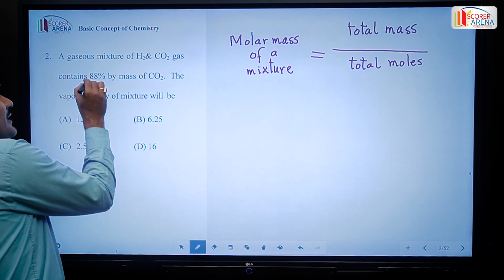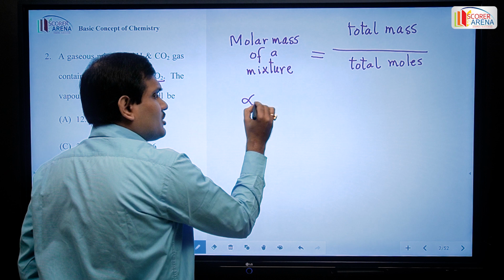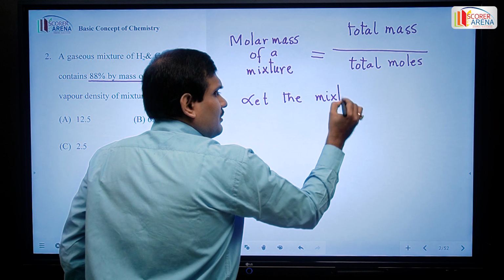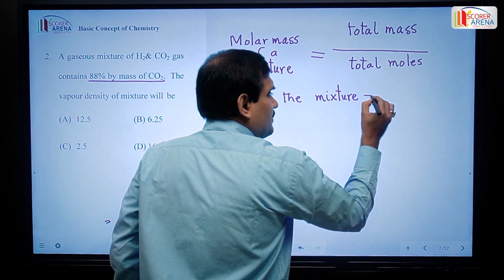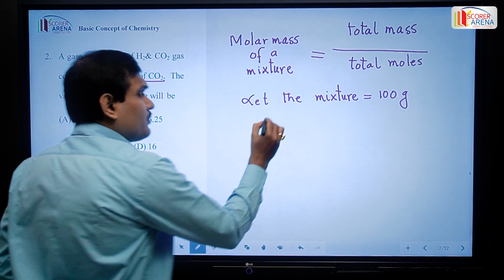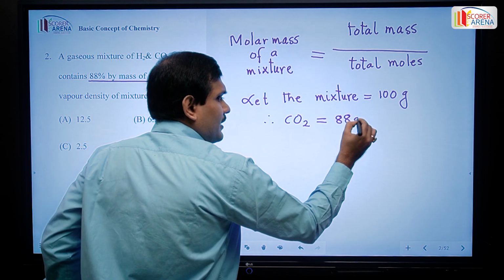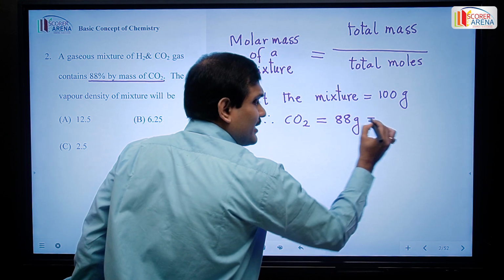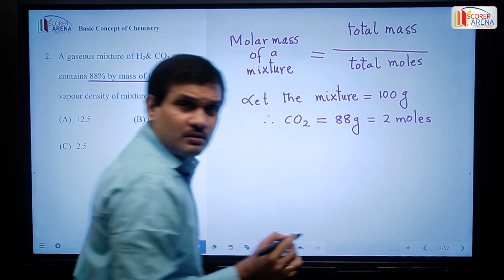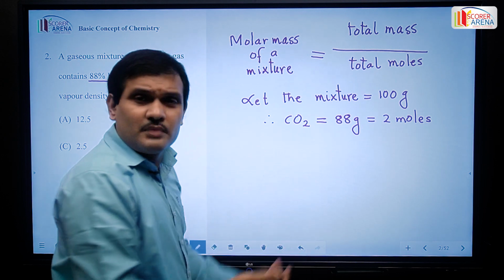Now we go to this problem. It is given that the mixture contains 88% CO2. Let the total mixture be 100 gram. Therefore CO2 is 88 gram. CO2 has molar mass 44 gram, so 1 mole means 44 gram, and 88 gram means 2 moles.